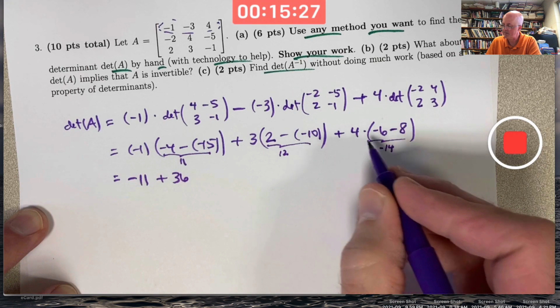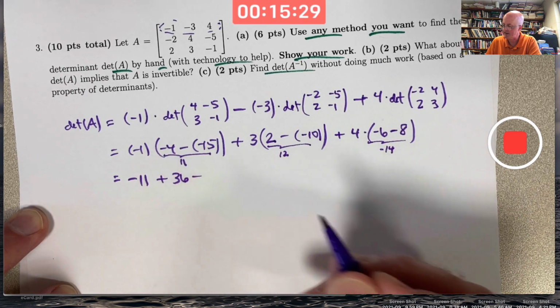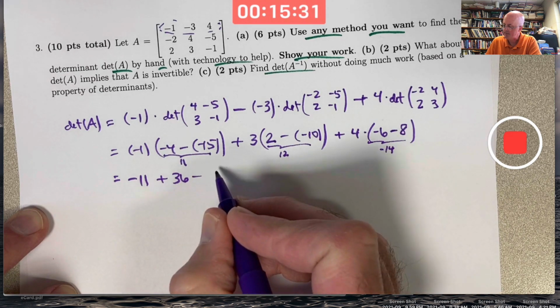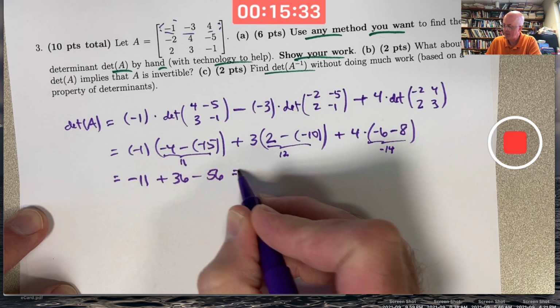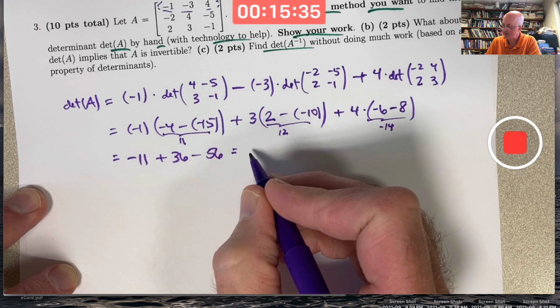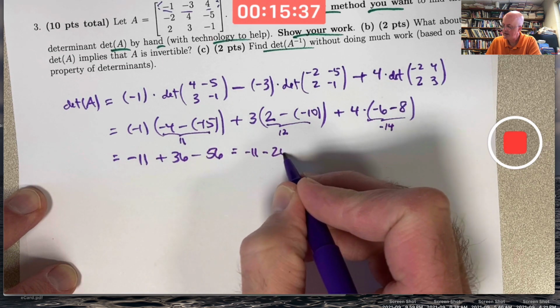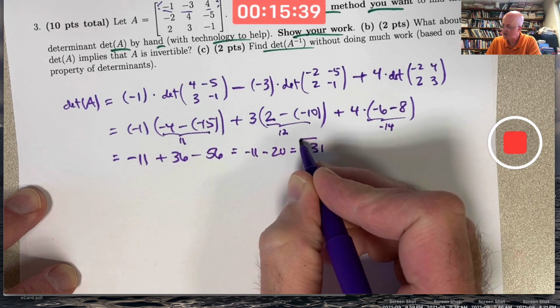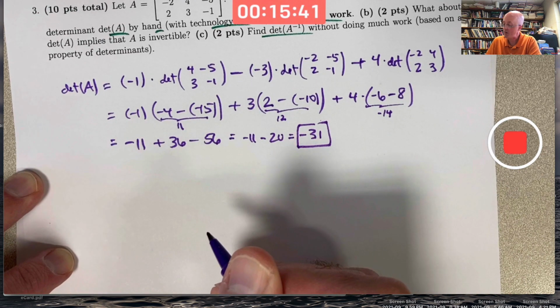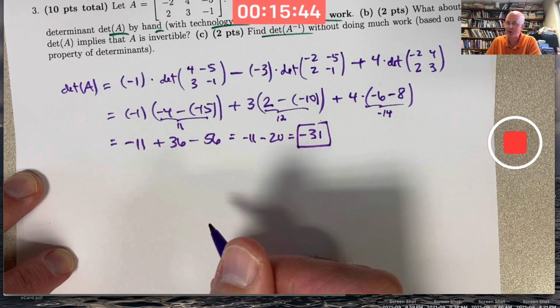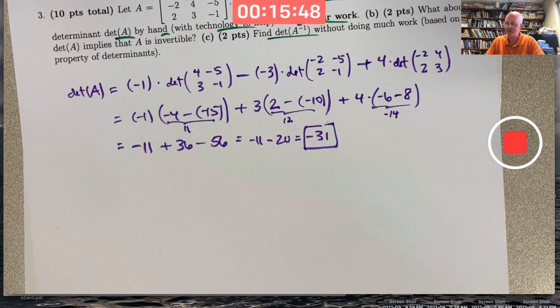This is the same as plus 4 times negative 14, which is the same as minus 56. And this becomes negative 11 minus 20 is negative 31, and I don't need to check the answer. I remember offhand from before that that is right. Negative 31 is the answer for the determinant, and that is the answer for part A.